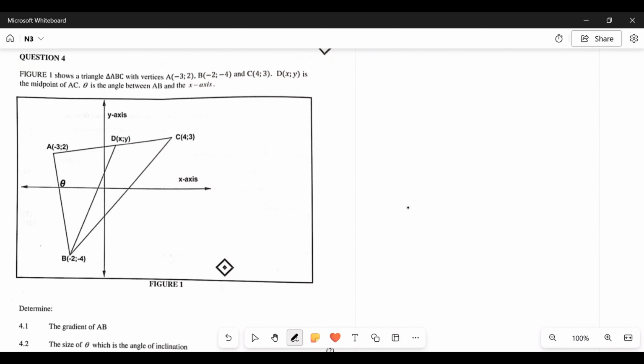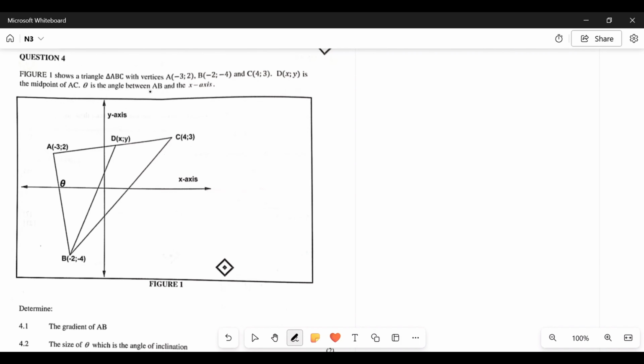All right guys, here is our question 4. Now question 4, we have figure 1 there and the statement on top there. Let's read the statement and then let's continue solving question 4. So the statement goes like this. Figure 1 shows a triangle ABC with vertices A(-3; 2), B(-2; -4), and C(4; 3). D(x; y) is the midpoint of AC.